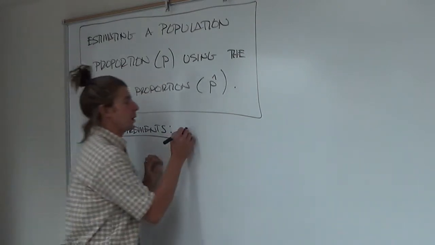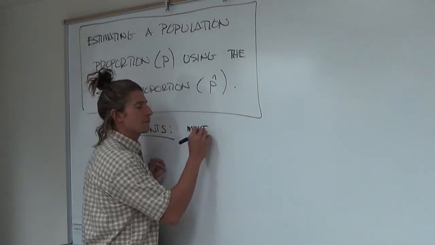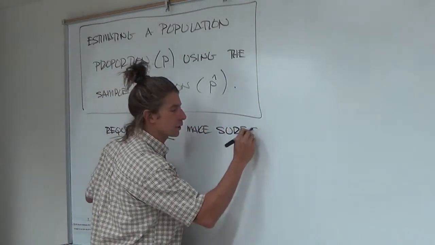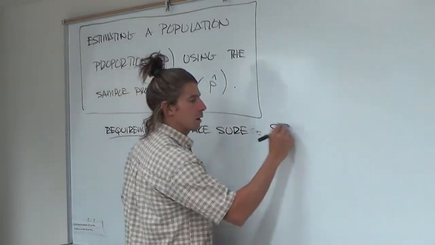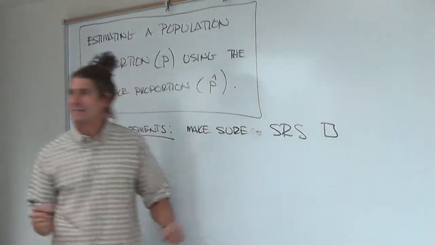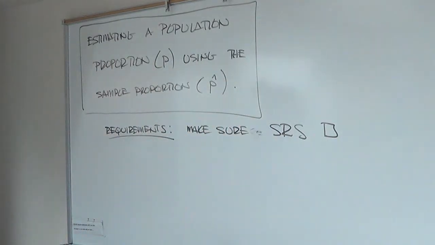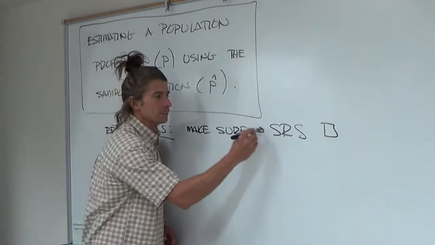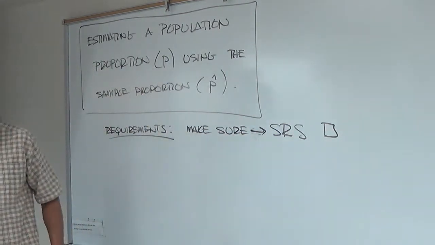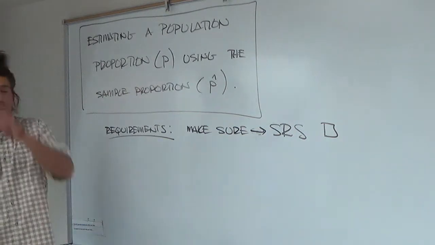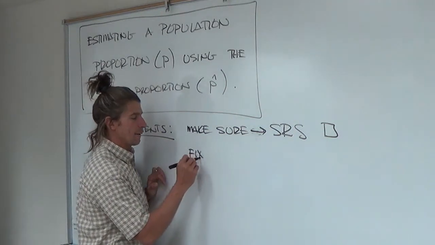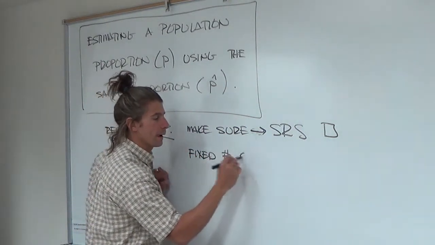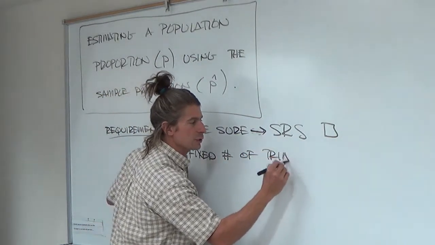First of all, we have to make sure we have a simple random sample. We're going to put little check boxes next to these and go through them to make sure our penny experiment actually checks them off. We're going to give ourselves credit for the simple random sample, even though it's not perfect. You have to have a fixed number of trials.